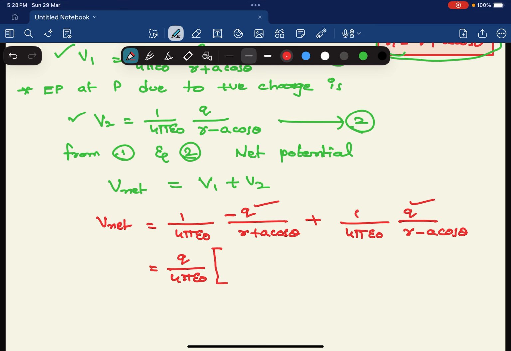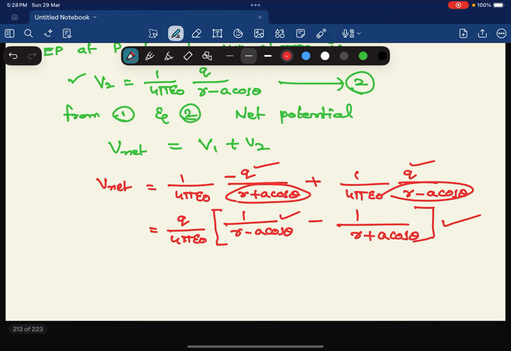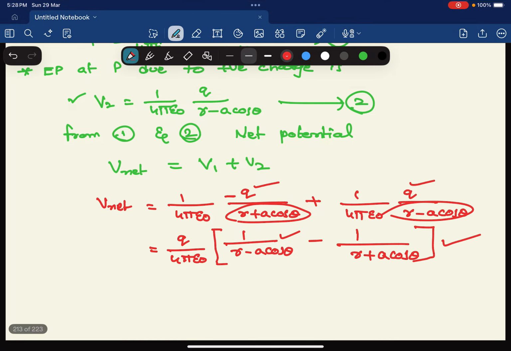The rest of the terms, the positive term I'm taking first. What is the positive term here? 1 by R minus a cos theta, minus 1 by R plus a cos theta. Okay, so this term I'm taking here and this term I'm taking here. Okay, so after writing this step, I'm going to take LCM. Let's see what will happen.